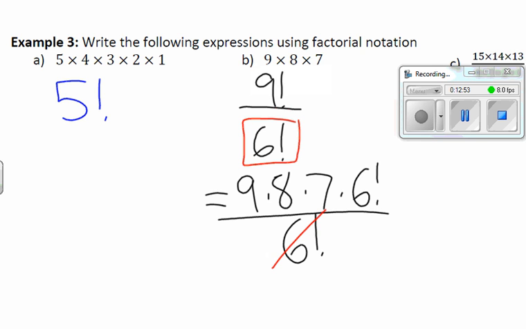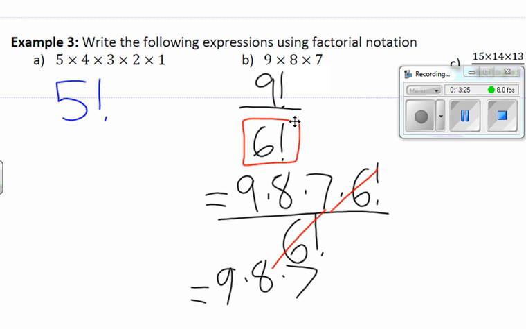So we can cancel out the 6 factorial, and we're left with 9 times 8 times 7. Yeah, and much more often than going from here to here, you're starting with something like this, 9 factorial over 6 factorial, and finding this. Okay?